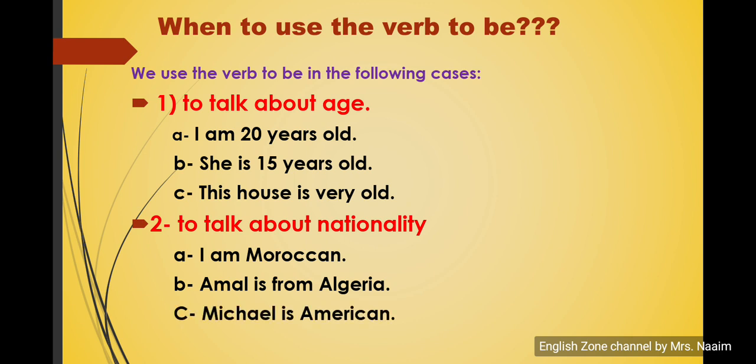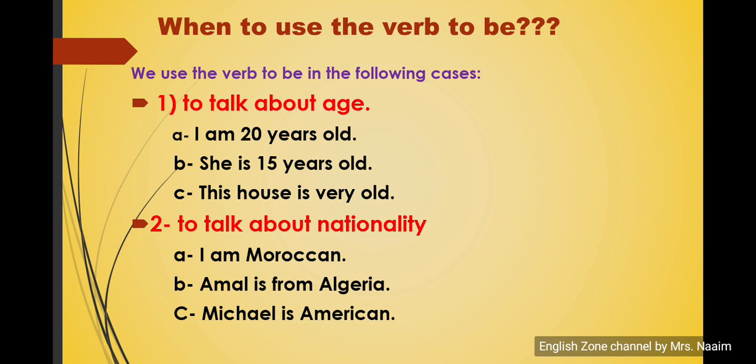The last example. Michael is American. Okay, sorry here I made a mistake. So American. Okay, sorry. It's correct. So American. Michael is American. بمعنى مايكل هو أمريكي الجنسية.